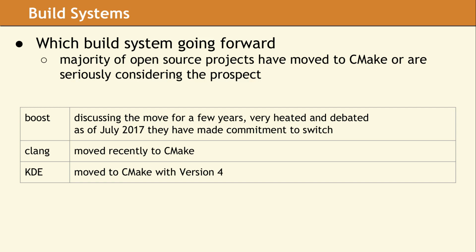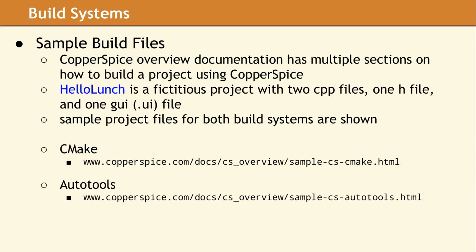On our website, we have a CopperSpice overview documentation, which contains a lot of information about how to get started with CopperSpice and what the project is all about. One of the sections in this documentation is how to build a CopperSpice project. Hello Lunch is a very small project that we use in our CopperSpice overview documentation.